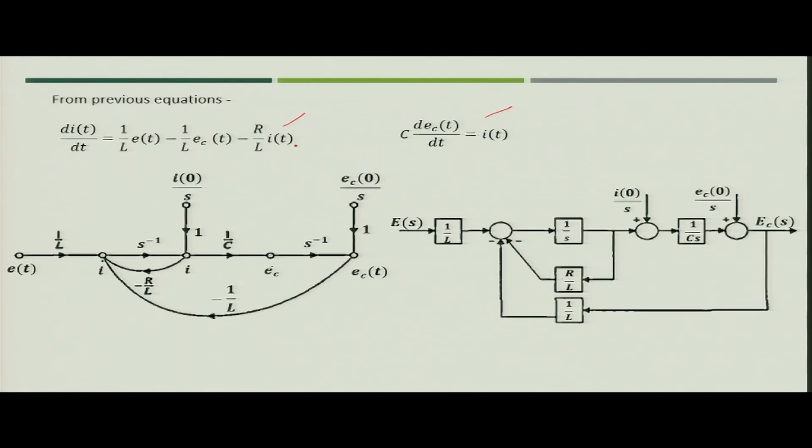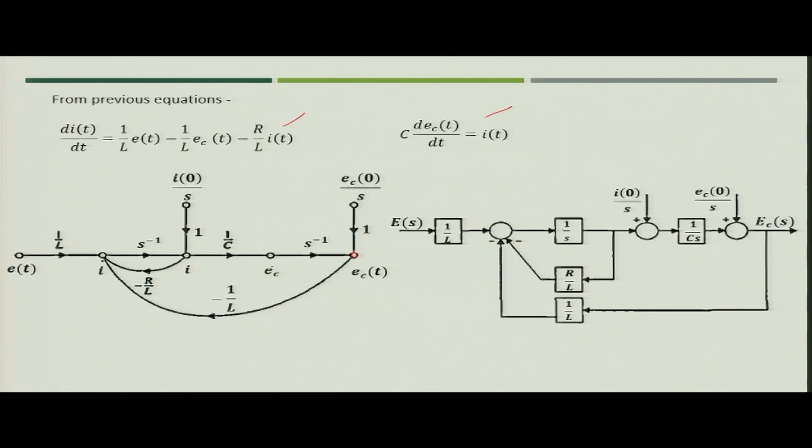Now, we have got these two equations. First we have to specify the nodes. As we know, generally we consider the voltage across the capacitor and the current flowing through the inductor as the two important state variables. If you write the differential equations, you write them in terms of Ec and I. So, we take these two as nodes.